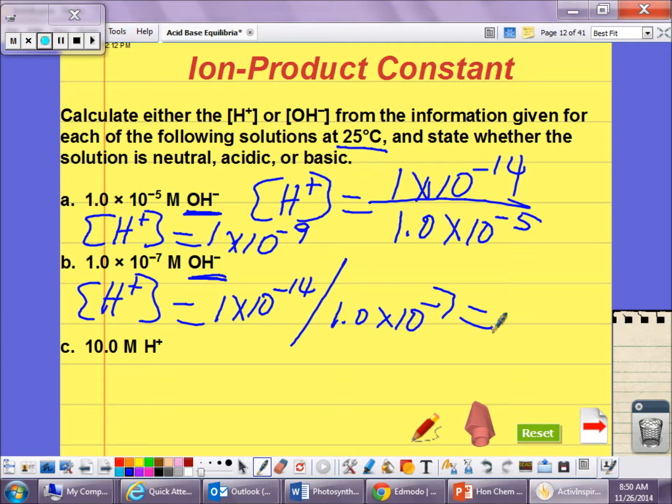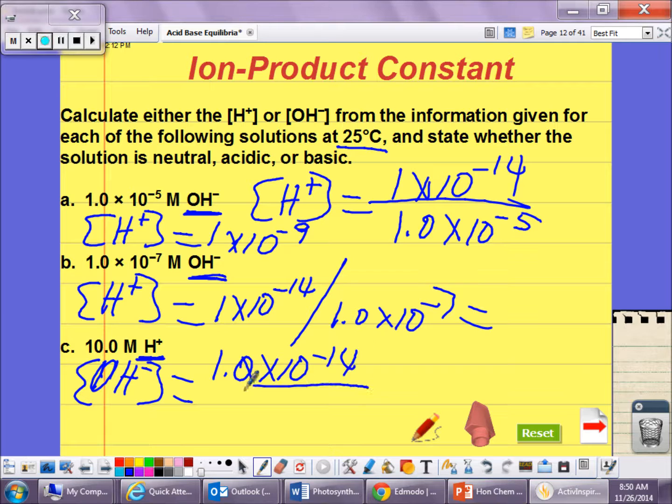Now, wow, 10 molar. This is H plus. So concentration of OH minus equals 1.0 times 10 to the negative 14 divided by concentration of H plus, which is 10.0. What is that? 1 times 10 to the negative 15 molar.